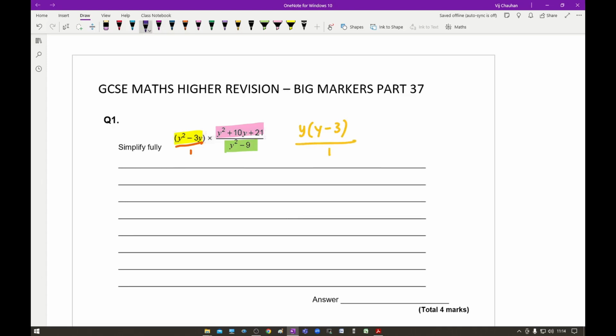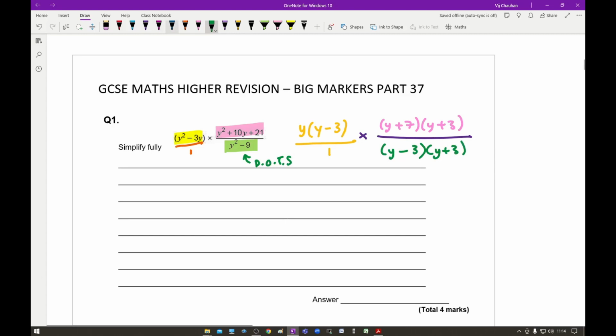Then for the next one, factorising the top, I'm looking for 2 numbers that multiply together give me 21, added together give me positive 10. So that's going to be y plus 7 and y plus 3. For the green, you can hopefully spot that that's a difference of 2 squares, so that's y minus 3, y plus 3.